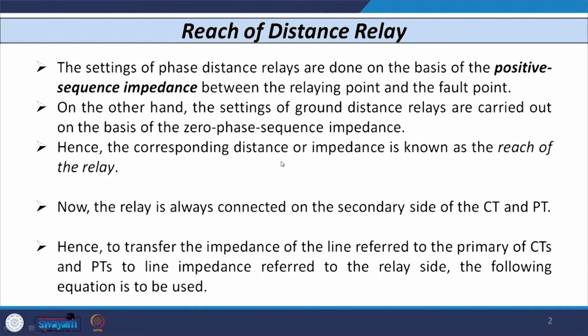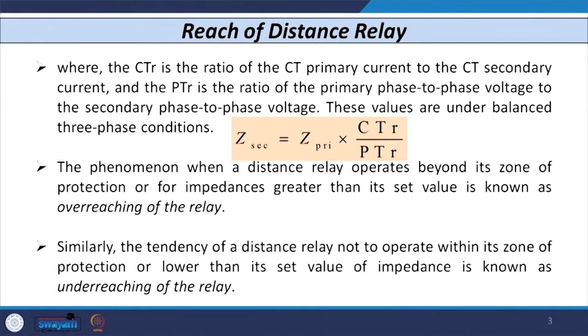We know that the relay is always connected, as I told you, on the secondary side of the CT and PT or CVT. So, we need to transfer the impedance from the primary side to the secondary side, because the impedance seen by the relay is different from the impedance of the line on the primary side. To convert this impedance from primary to secondary side, we need to use an equation.